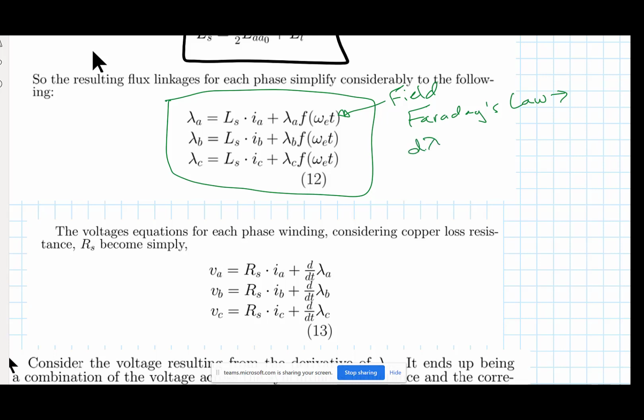I've got d lambda A dt equals the derivative of the other side, looking at this expression right here, the derivative of LS IA plus lambda AF of omega ET.